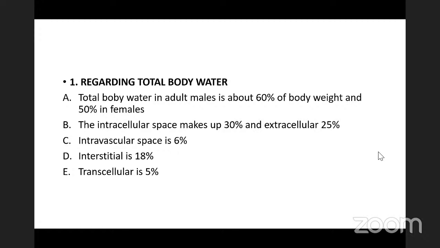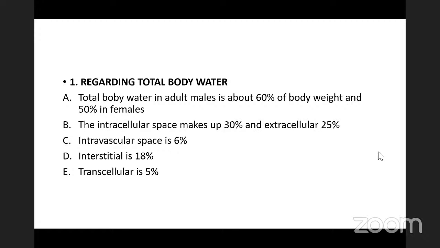Now B says the intracellular space makes up 30% and extracellular 25%. Now you should know that the intracellular space makes up 40% of the total body water.